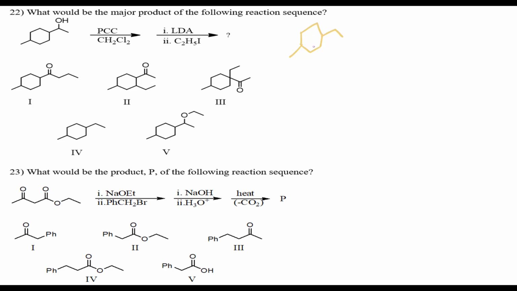What would be the major product of the following reaction sequence? Okay, well, whenever you treat an alcohol with PCC, you're going to get a ketone, especially if it's a secondary alcohol. You're going to get a ketone. And afterwards, you can use LDA on the ketone to make an alkene, which is very unstable. So it's going to go over here. Now that alkene is going to react with this compound.